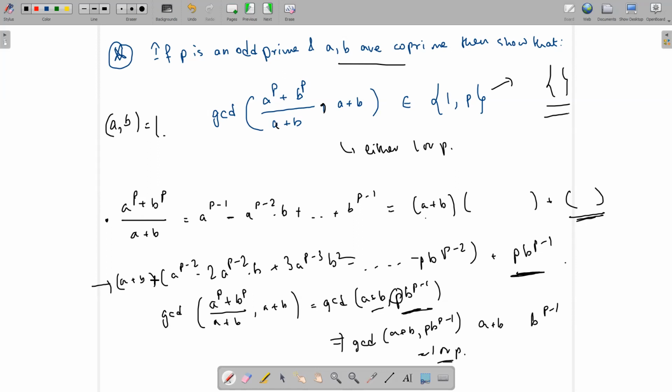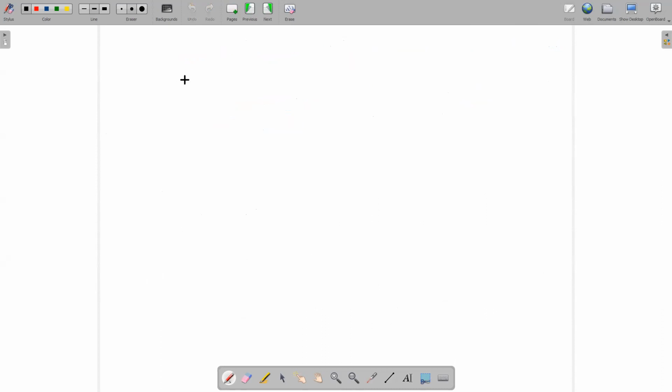Suppose you multiply the right side by a to the power of p minus 2 and subtract it from the left side. So you are using this, right? Yeah, I'm using the long form, this form, a to the power of p minus 1 minus a to the power of p minus 2 b. Just a sec, let me write it down here again.